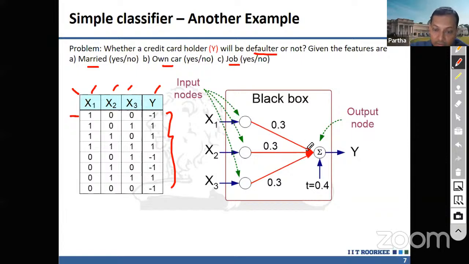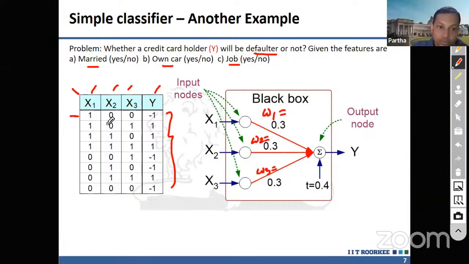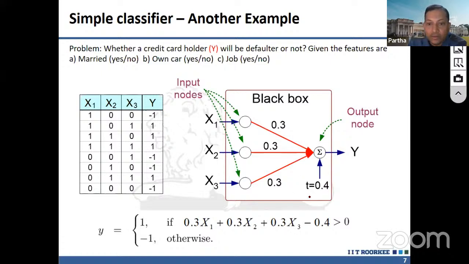and they are combined with some weight factor. Let us consider W1 equal to 0.3, W2 equal to 0.3, W3 equal to 0.3. So x1 is multiplied with a weight of 0.3, x2 with 0.3, x3 with 0.3, and then we have t equal to 0.4, which means you are actually having a bias of minus 0.4.